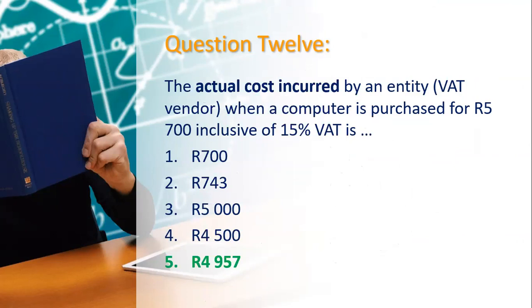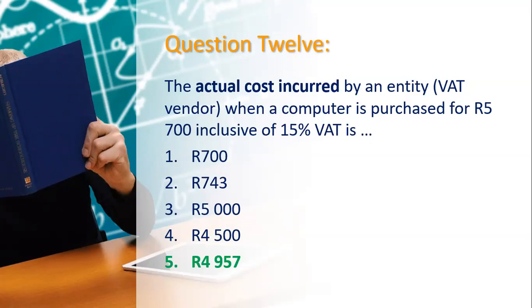Okay, so we've seen the amount that the entity spent is 5,700. This is including VAT. Now we see that the entity is a VAT vendor. If the entity is a VAT vendor, it means that they can claim the VAT back. So we need to take out VAT from this to see what their actual cost is.